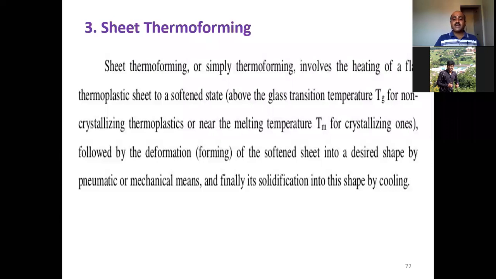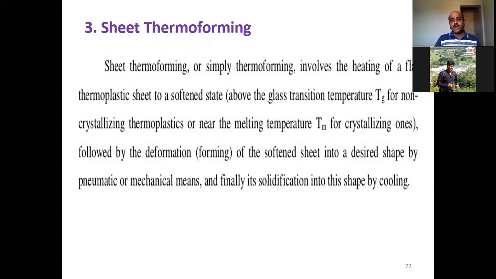If it is a crystalline one, then you have to heat it near the melting temperature, denoted as Tm. So depending on whether it is a crystalline or non-crystalline thermoplastic, you heat it to the appropriate temperature so that the sheet gets softened.